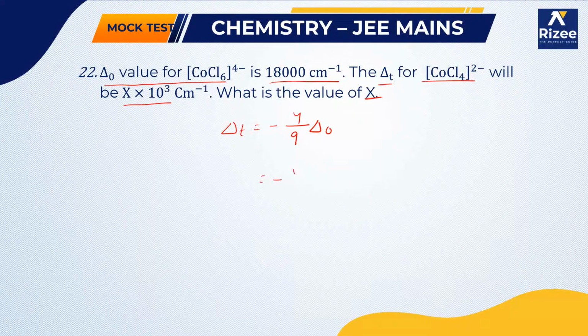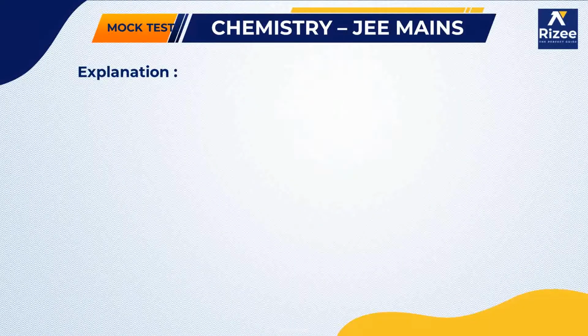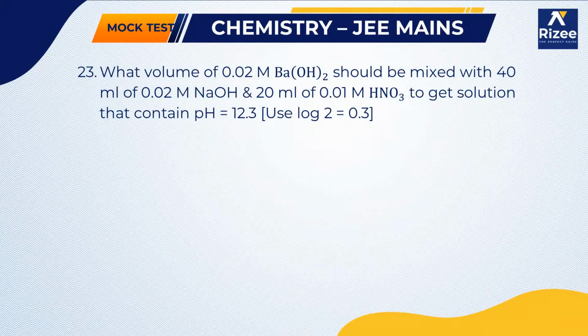So minus of 4 by 9 into the delta naught value of 18,000, upon solving, will give 8,000 centimeter inverse. What is the value of x he is asking? We can write 8 into 10 power of 3, so our x value will be equal to 8. Okay.